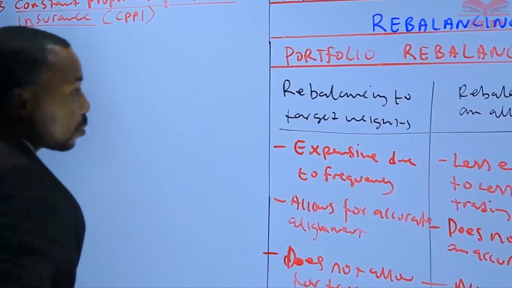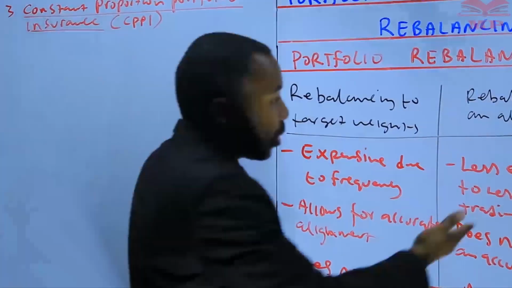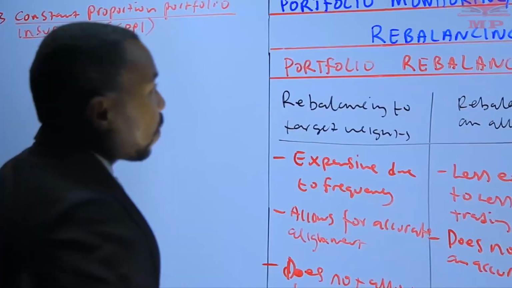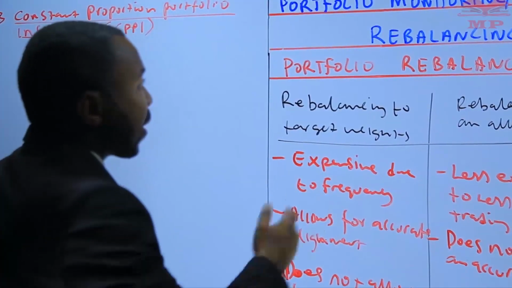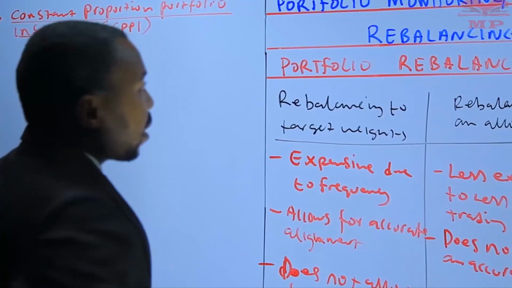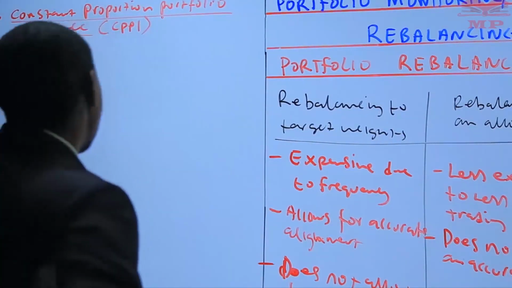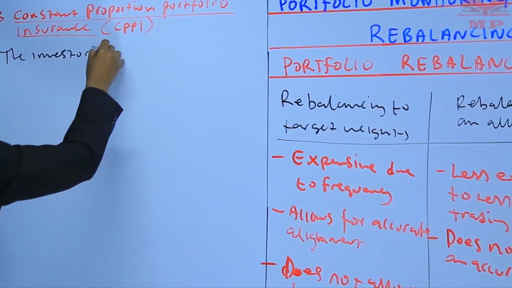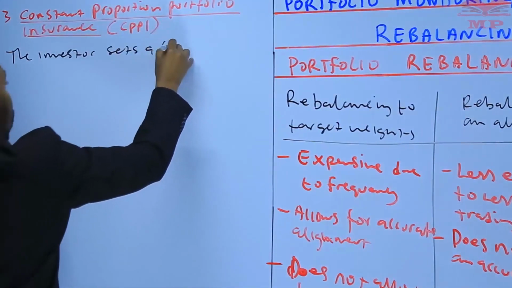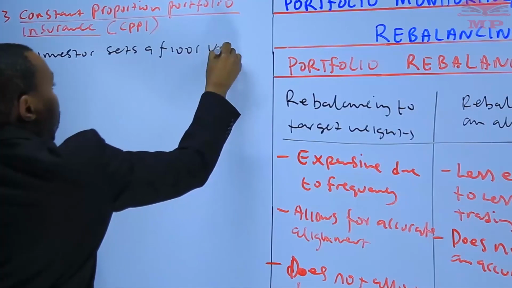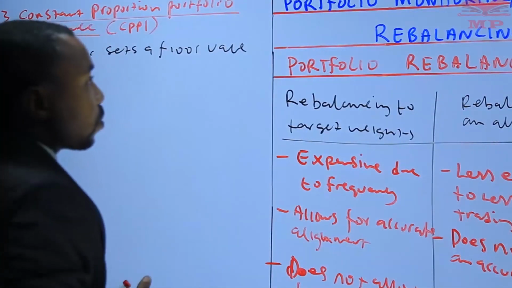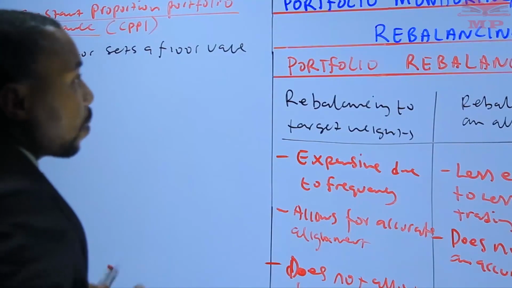It's almost similar to the constant mix formula, but here the investor sets a floor value, and the floor value is the level the investor does not wish assets to fall below.